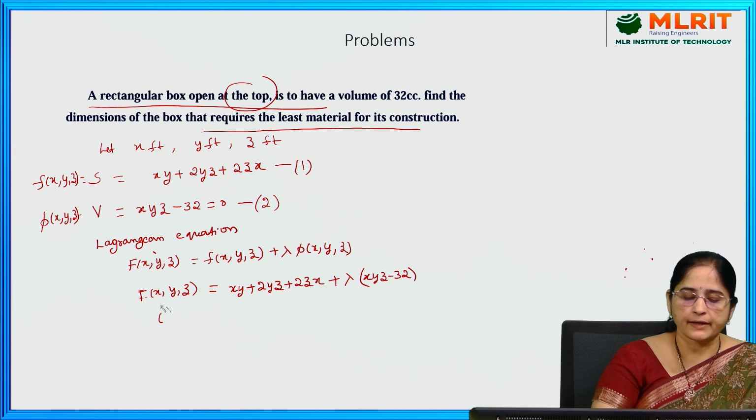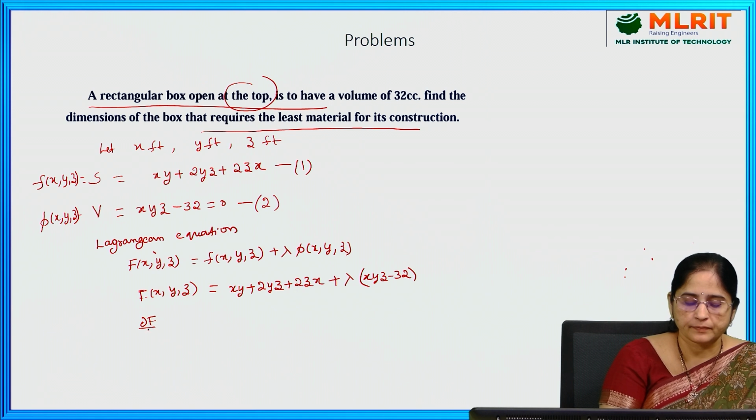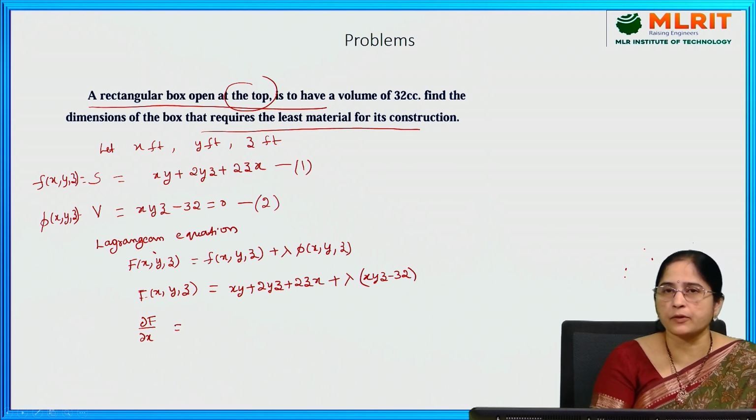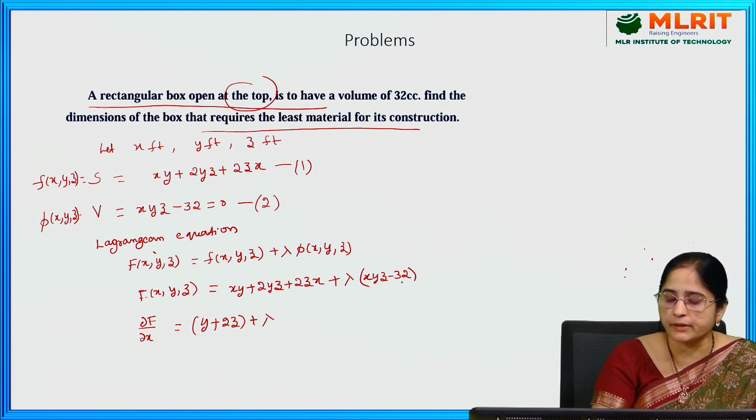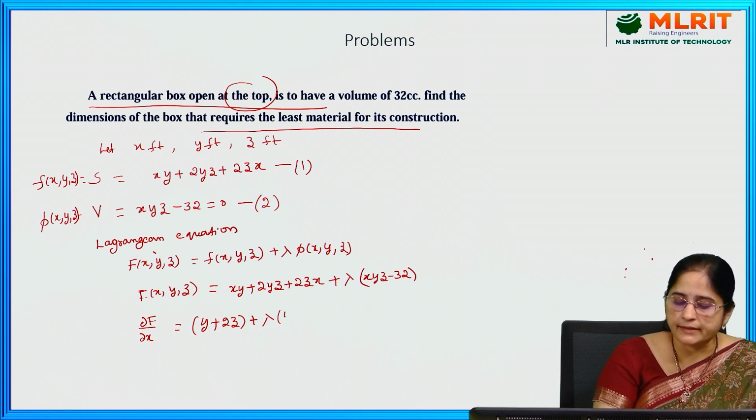Next we find dou F by dou x. With respect to x, we keep y and z constant. That gives y plus 2z plus lambda into the derivative of xyz with respect to x, that is yz. 32 is constant, so its derivative is 0.